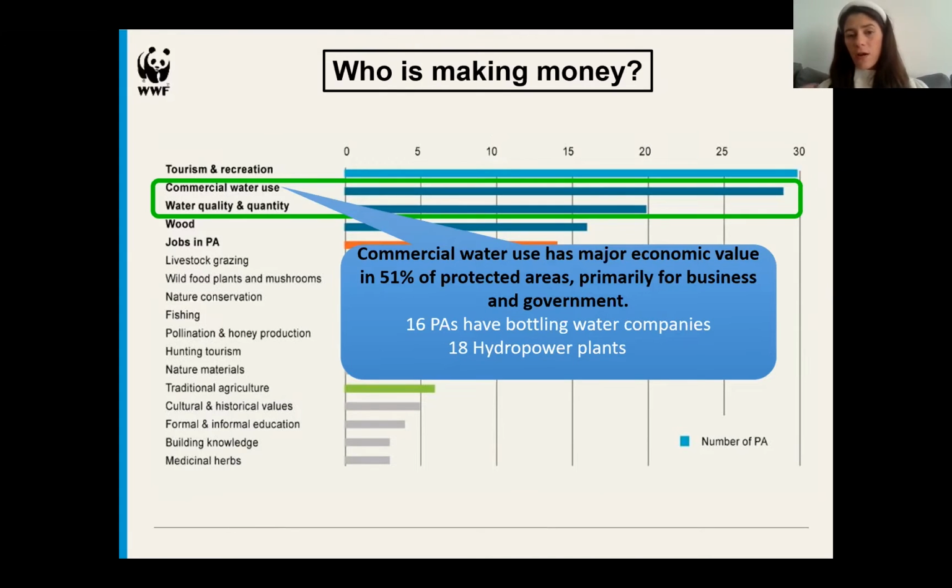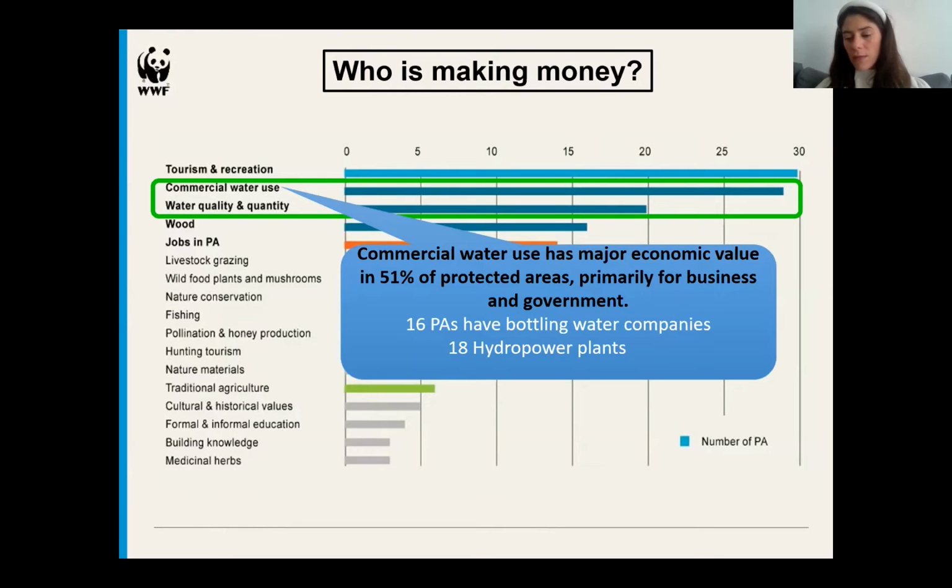This comes from bottling water companies in 16 PAs, but in 18 protected areas it's because of hydropower plants, which are not really in line with conservation and what the protected area should do, but they're gaining money from concessions of hydropower plants in their area, I mean the protected area management.